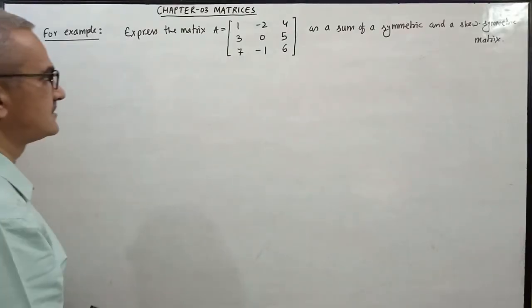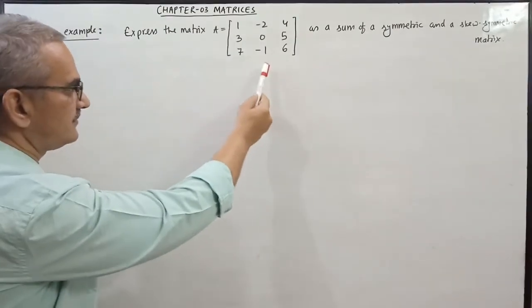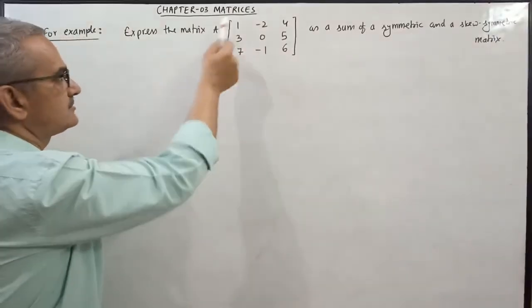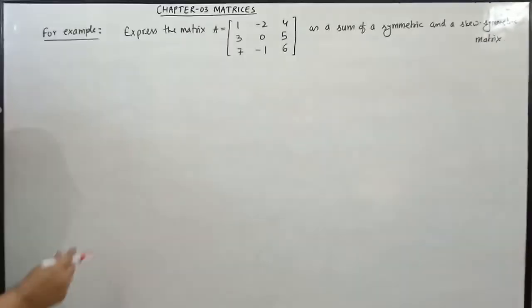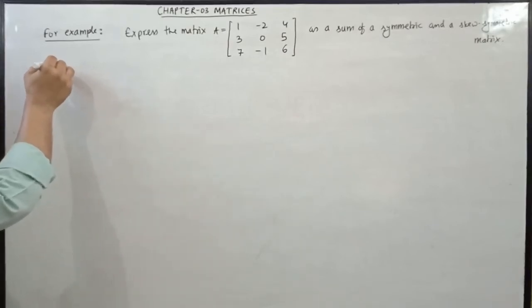Now let's take an example of it. Here in this example you have to express this square matrix as a sum of a symmetric and a skew symmetric matrix. That is, we have to split this matrix A as a sum of symmetric and skew symmetric matrix. So let's see how we have to split that.